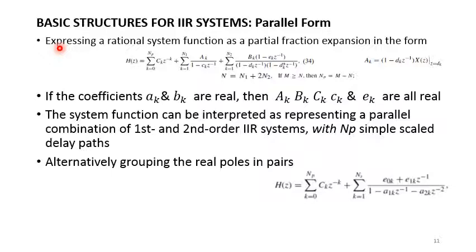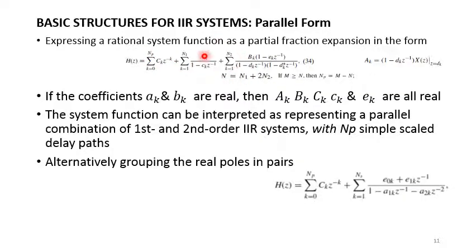Now the third structure we are going to consider is obtained by expressing the system function as a partial fraction expansion, in the form of H of z equals a sum over k running from 0 up to Np of ck z inverse, plus further terms.